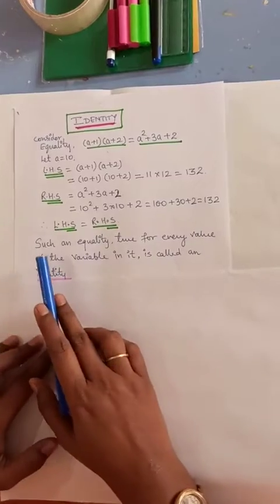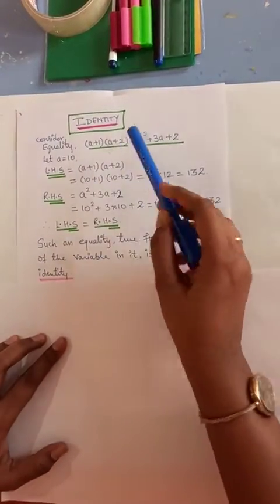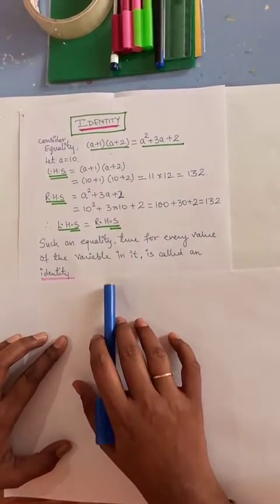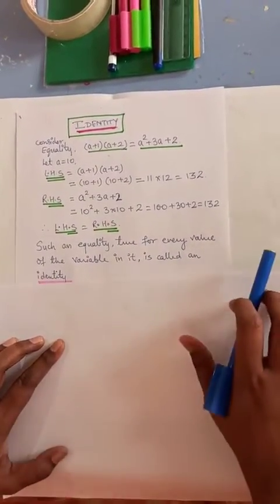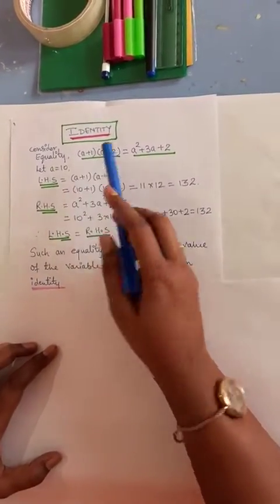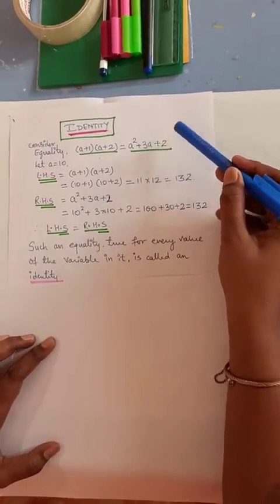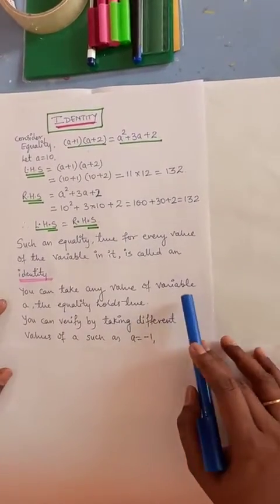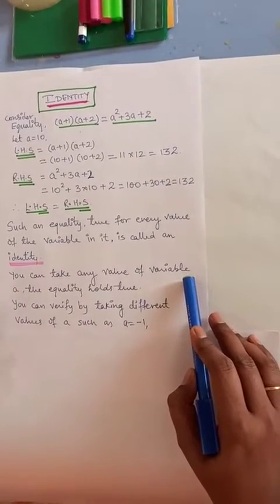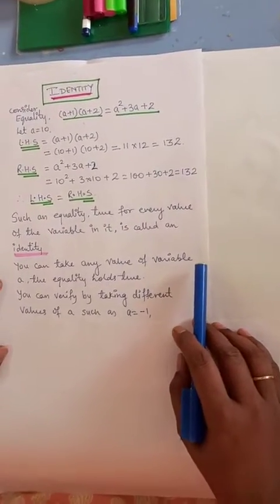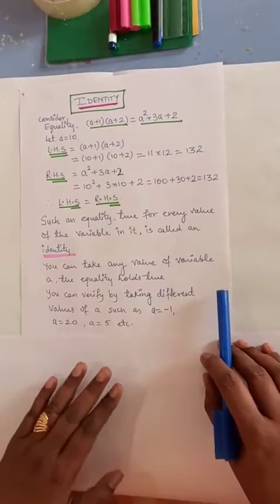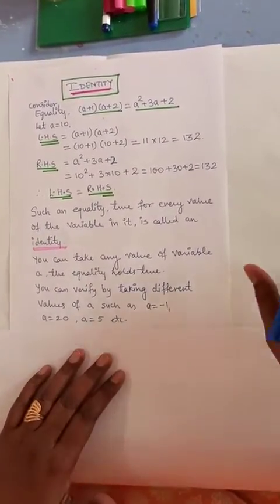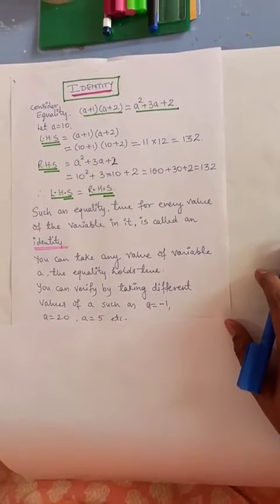Again I am repeating, such an equality where any value of the variable you take, the left hand side is always equal to the right hand side, is called an identity. You can verify it by taking different values of a such as a is equal to minus 1, a is equal to 20 or a is equal to 5, etc.